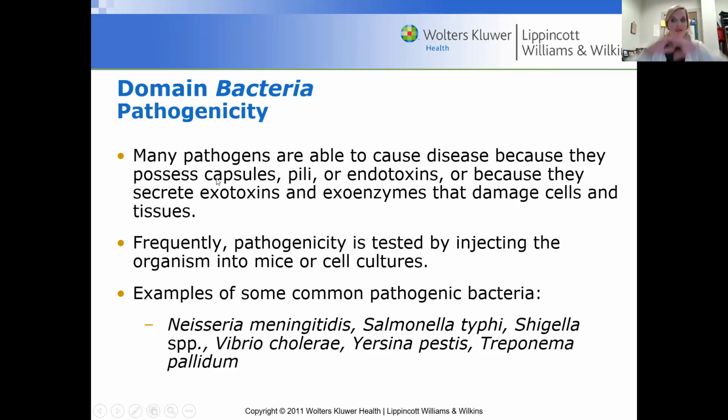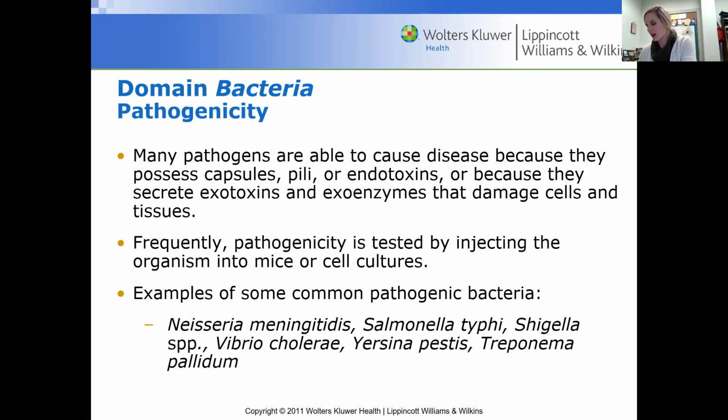Think of a capsule as kind of like a shield. Like a capsule, when we think of a medication, there's a capsule around that pill, right? And it helps later when we digest it and it dissolves. But in this case, the bacterial capsule is kind of like a shield that's going to protect it from being destroyed by the immune system.